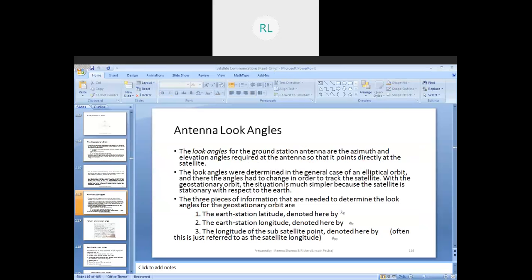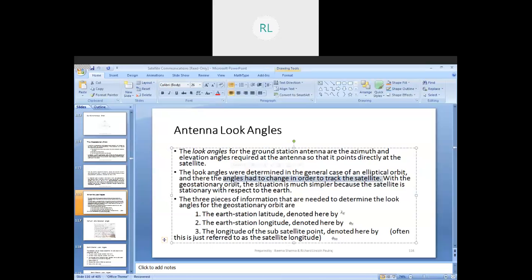Next, the look angles are determined in the general case of an elliptical orbit, and there the angles had to change in order to track the satellite. This was with regard to inclined orbits.